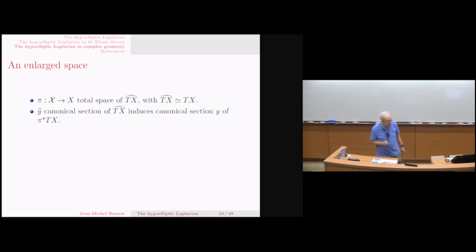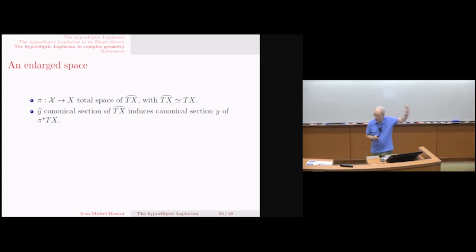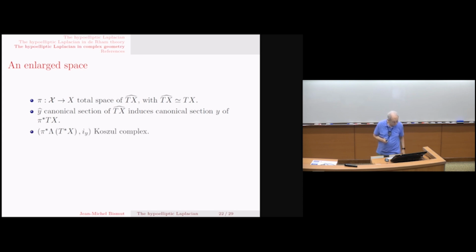Y hat is the canonical section of Tx hat on the total space. And so it induces a canonical section of the tangent bundle on the base. These two fibers are isomorphic. From Tx hat, section y hat, you get a corresponding section of Tx.